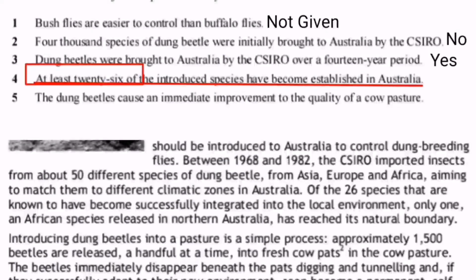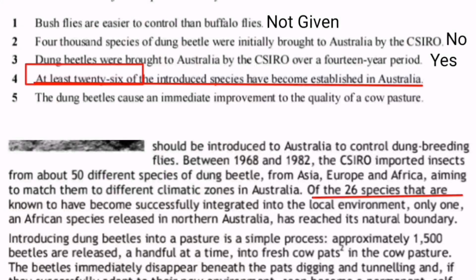Where the number of species will be given, it means that our answer will be there. Of the 26 species that are known to have become successfully integrated. Integrated means started breeding or became used to the local environment.